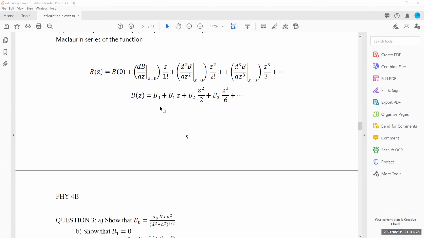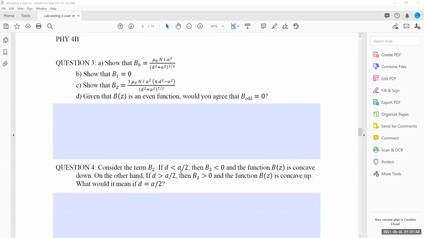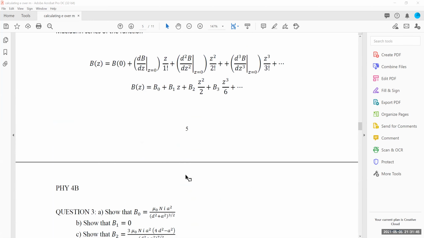So to a higher degree of accuracy, b naught is some value, which you can find in here. b1 is 0 because it's the odd derivative. b2, you have selected it so that it's 0 now. So there is no z squared contribution. There is no z cubed contribution because that's an odd derivative.